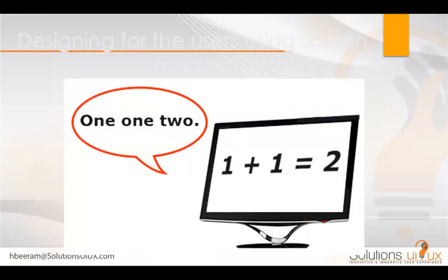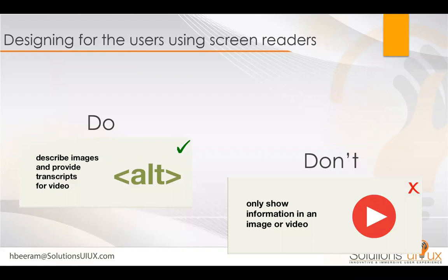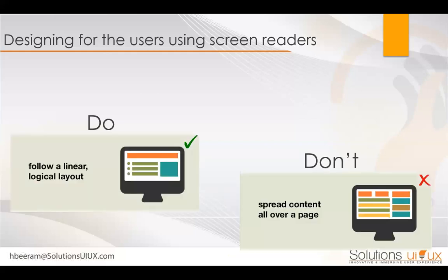So designing for screen readers, like people with screen reading, especially people like me. When we have an alt tag, it is easier to understand what the video is talking about, what the picture or image is talking about, and not just show the video, but also give the alt tag, like we talked about in one of the earlier cases of web content accessibility guidelines.